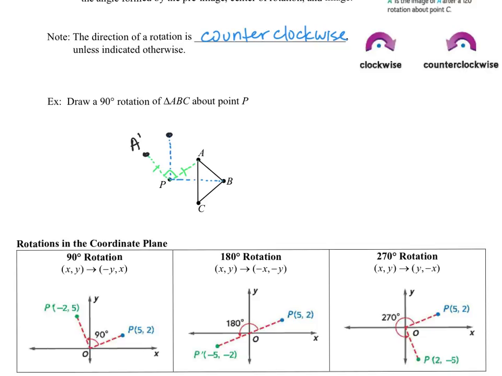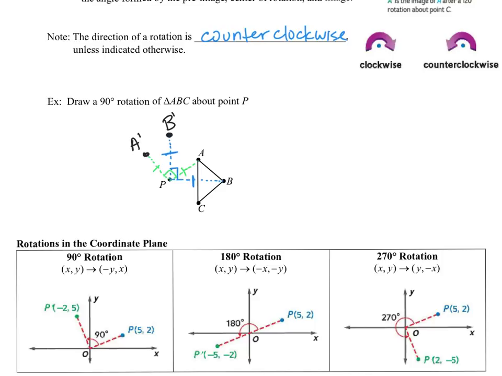So B prime ought to be right about here. Again, you can see that the distance from B to P and B prime to P are congruent, and the angle formed as I go from B to the center of rotation to B prime makes a right angle. Last but not least, let's rotate C.